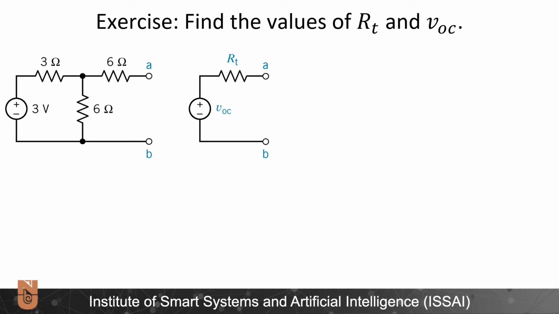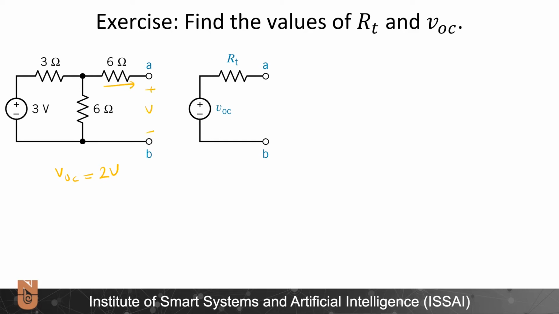Okay, this is very easy. I will now solve this very quickly and you will understand it. V open circuit will be equal to 2 volts. I did this without doing any algebraic manipulations because I know no current will be passing this way.